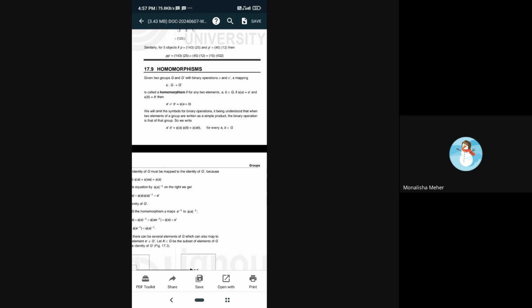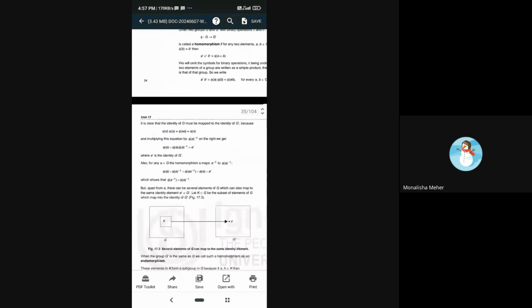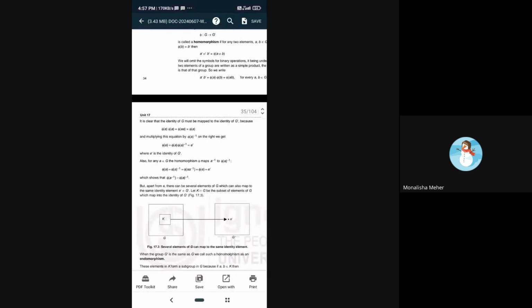So we can write A dash B dash is equal to phi A phi B is equal to phi AB for every A, B belonging to G. It is clear that the identity of capital G must be mapped to the identity of G dash, because phi A is equal to phi EA is equal to phi E phi A. And multiplying this equation by phi A inverse on the right, we get phi E is equal to E dash, where E dash is the identity of G dash.